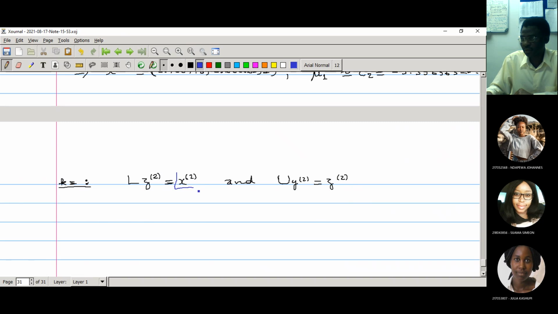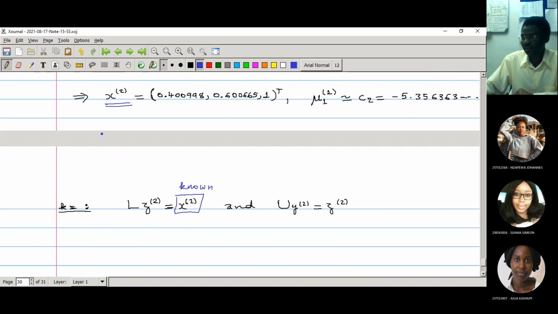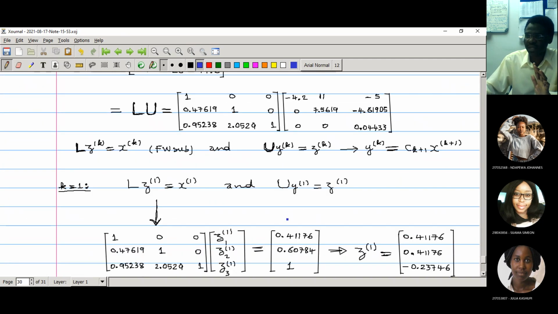This is none. That's what we just computed here. We take it, put it here. L is the same, it's not changing. U is the same, it's not changing. You see the advantage of performing the LU decomposition.